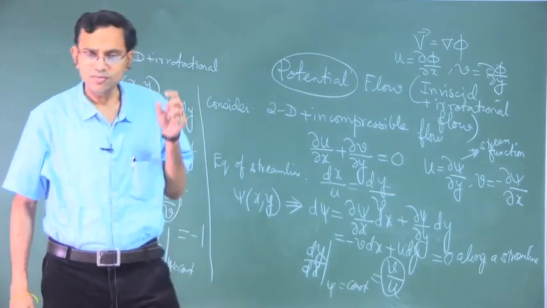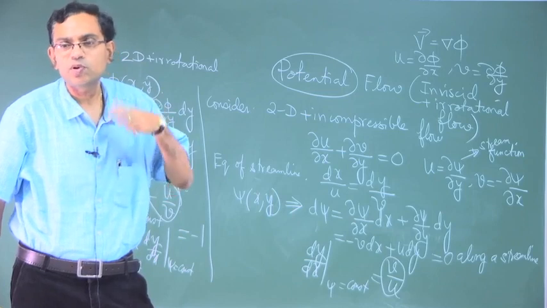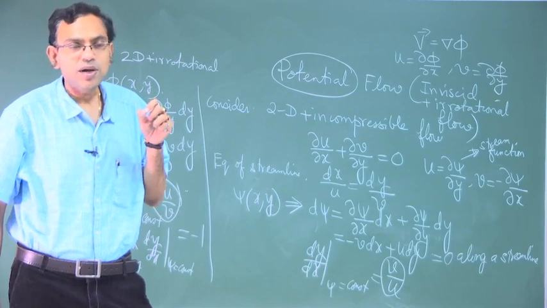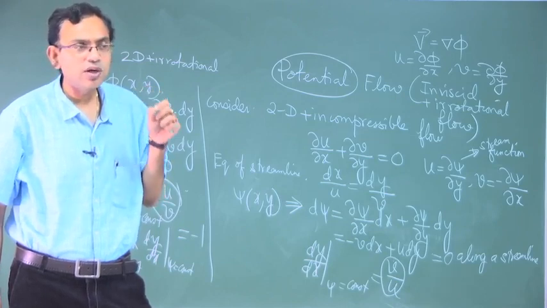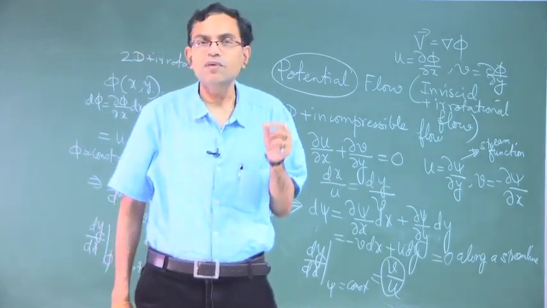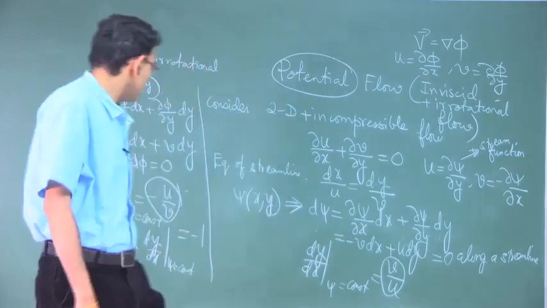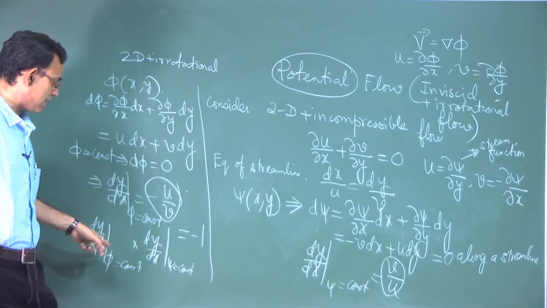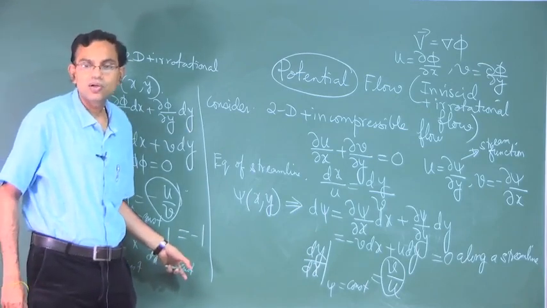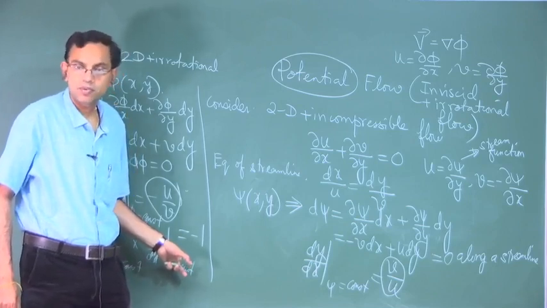If u and v are 0, then there is a chance that you have division by 0 and the entire process of multiplication breaks down, and that singularity where u and v are 0 is called a stagnation point. So, stagnation point is the point at which the velocities are 0, that means the fluid stagnates, so to say. So, we can infer from here that phi equal to constant and psi equal to constant lines are orthogonal to each other everywhere in the flow field except at the stagnation point.